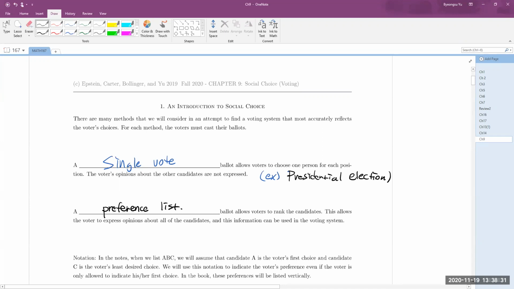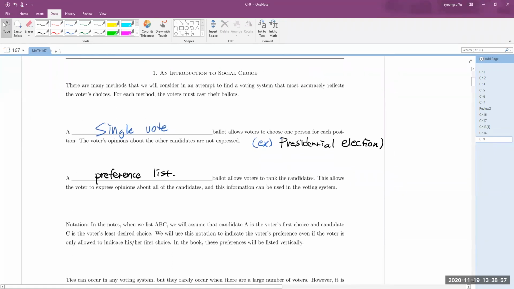For example, if we allowed a preference list in the presidential election, you could set your order of preference as Biden, Trump, and George Jorgensen, or Trump, Biden, George Jorgensen, or put George Jorgensen first and Biden or Trump second. In a preference list, you just show your rank for each candidate of the election.